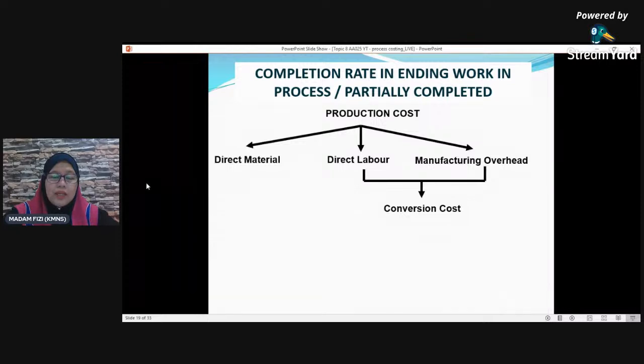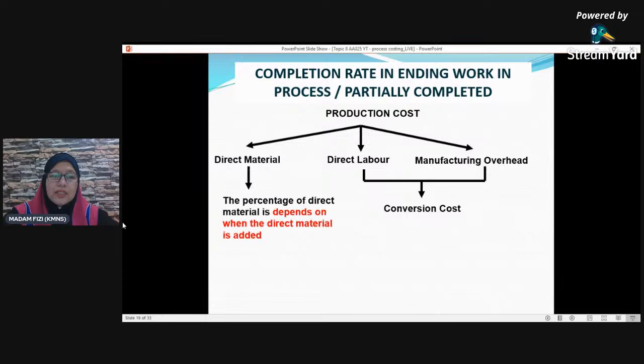Okay, for direct material, okay, macam slide yang kita tengok sebelum tadi, the percentage of direct material is depends on when the direct material is added. Macam tadi, macam saya tunjuk yang slide sebelum tadi, kita tengok the percentage of direct material is depends on when the direct material is added.